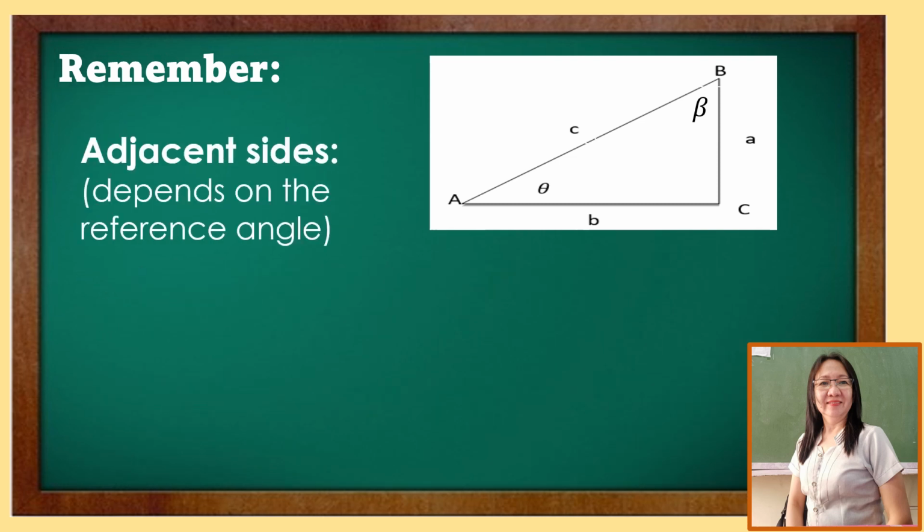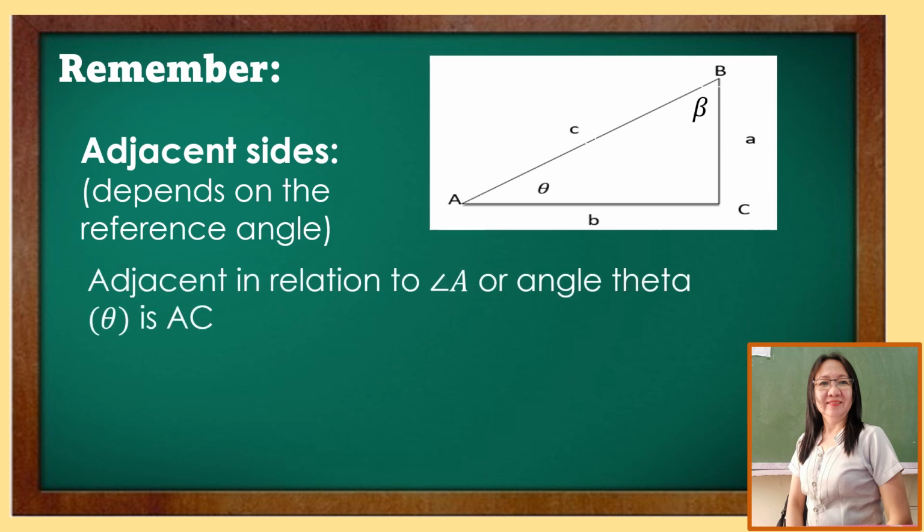And also, you will encounter the term adjacent sides, and it all depends also on the reference angle. In the figure, adjacent in relation to angle A or angle theta is side AC.